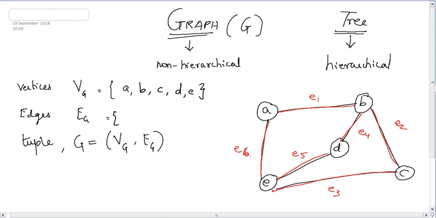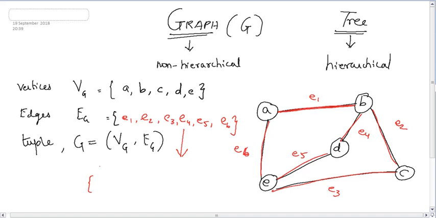It is not strictly to follow a clockwise or anti-clockwise direction. It can be random. We are just naming the edges. So the edges are represented in the set E_G as E1, E2, E3, E4, E5 and E6. If you kindly note, edge E1 is actually between A and B.